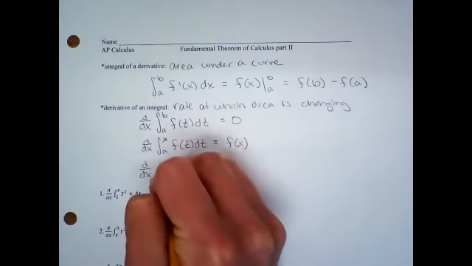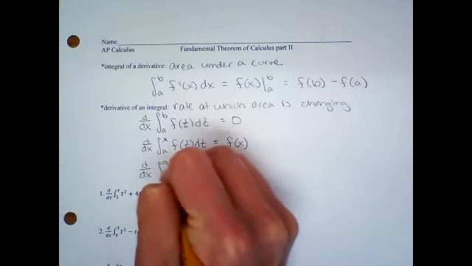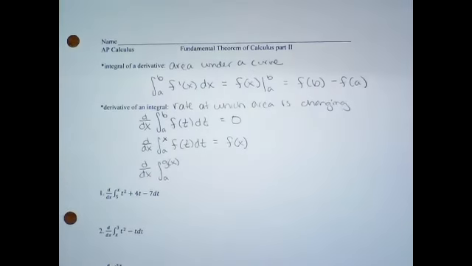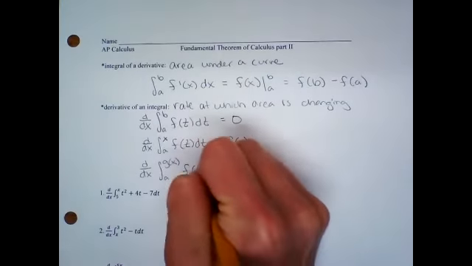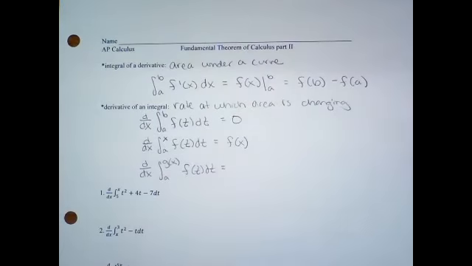And then the last way it can look is if it's more than just x, like if you have an actual x to the third or sine of x or square root of x, then it's going to involve a chain rule.